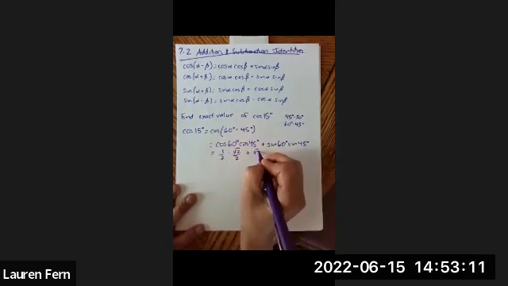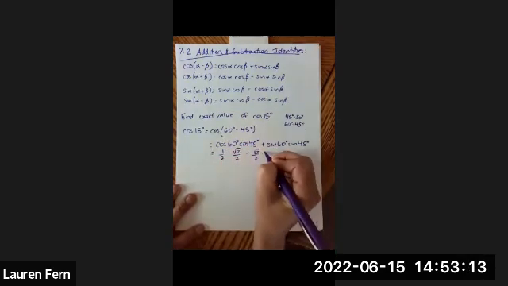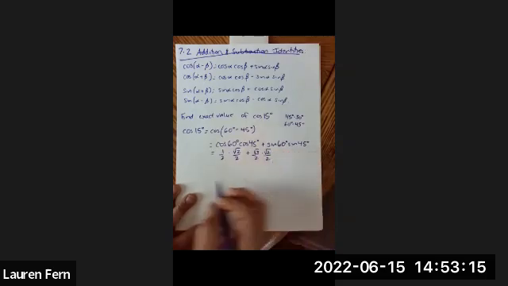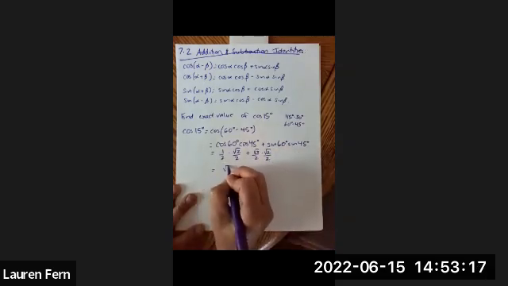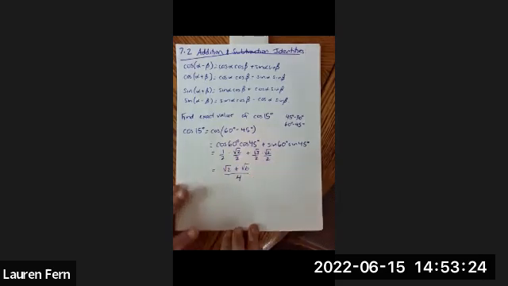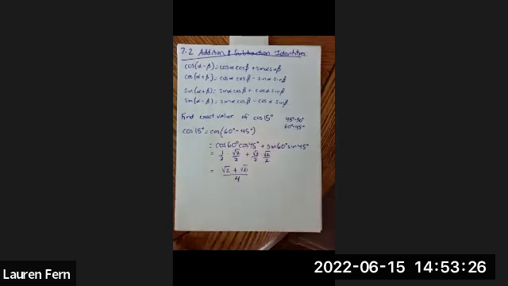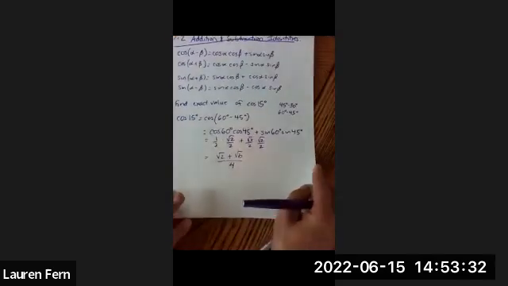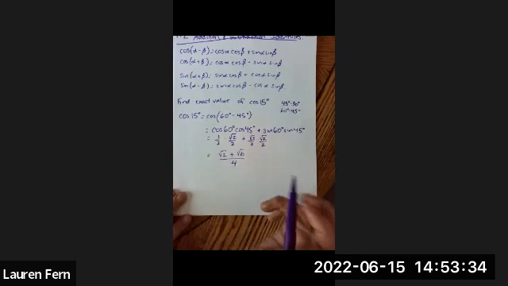Sine of 60 is root 3 over 2. Sine of 45 is root 2 over 2. So I claim we get the square root of 2 plus the square root of 6 over 4. Pretty cool, huh?